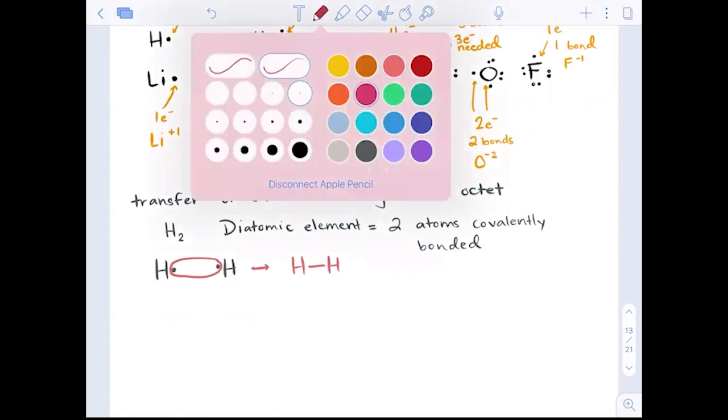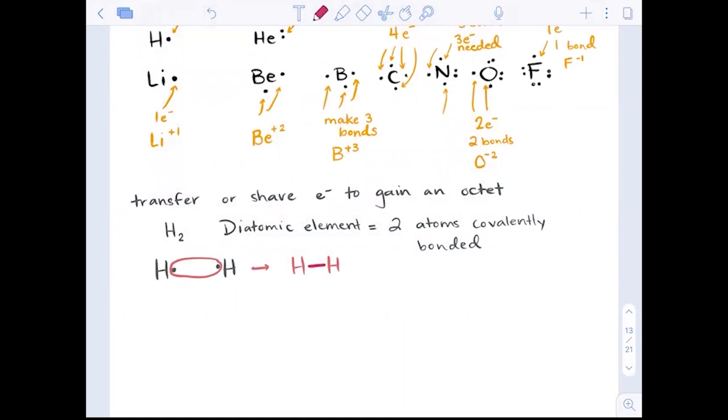Notice that this new covalent bond is two electrons being shared. What that does for hydrogen is it creates a duet for each of them. We can also think about writing it this way, with the two dots in the middle.